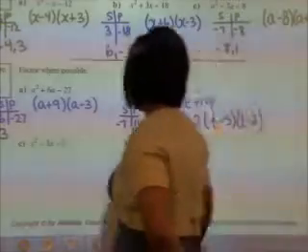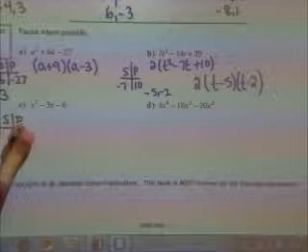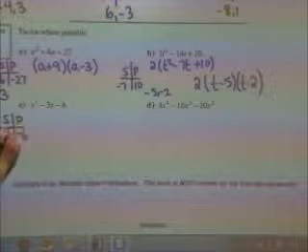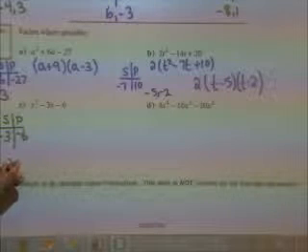Okay, look at C. Two numbers that when I multiply them together, I get negative 6, and when I add them, I get negative 3. So give me the ways that I can multiply out to get 6. 2 and 3. And 1 and 6. If this is negative, that means I'm finding the difference.